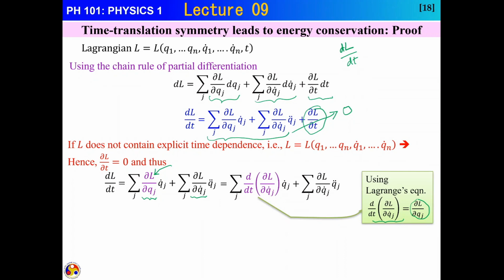That's what we do here. Instead of our right hand side term, we are now substituting the left hand side term. And now I can write this term as nothing but d by dt of q j dot. In such a case, I have the functional form d by dt here, and d by dt here.